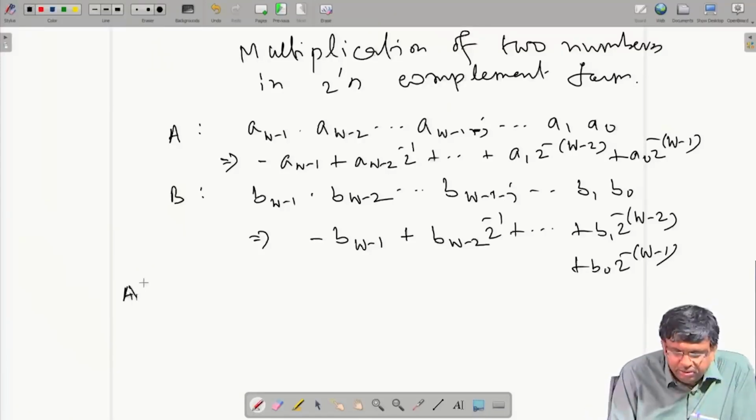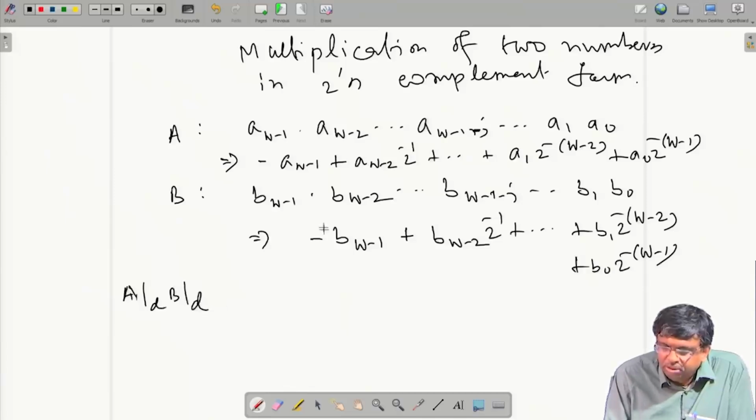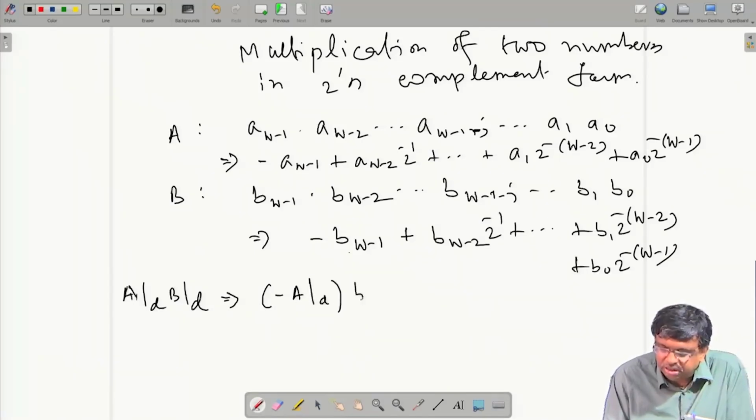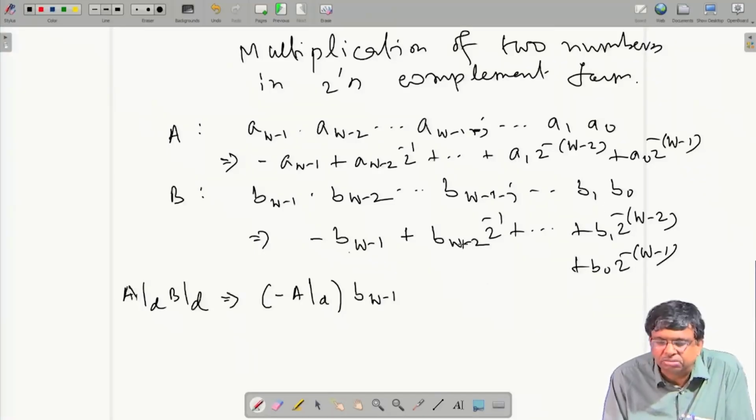A by D into B by D. B by D I write like this, and this entire thing is to be multiplied by A by D. So, A by D times this, which you can also write as minus of A by D times this decimal thing. Whenever you write this expression, everybody is to be treated as a decimal digit.